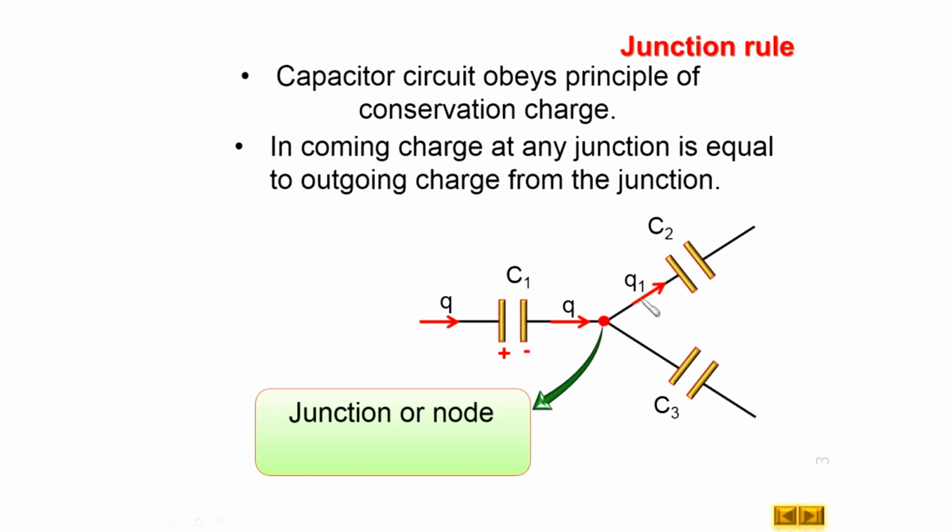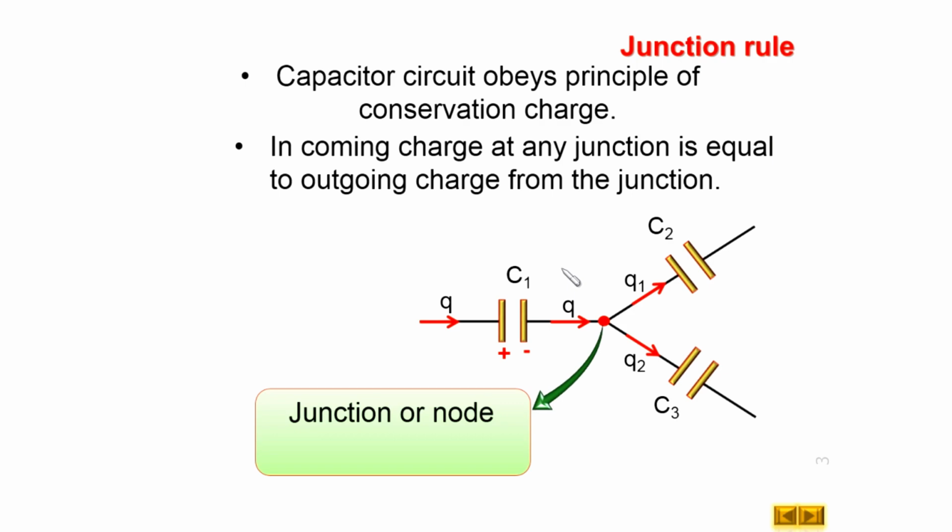Let the charge in this path be Q1. So, Q1 charge will enter this plate, and let the other part of the charge Q, in this direction, be Q2. So, this charge Q2 will enter the plate of the capacitor C3. Now, we have discussed that if charge is entering the plate, it will become positive. If charge is moving away from the plate, the charge of the plate should be negative.